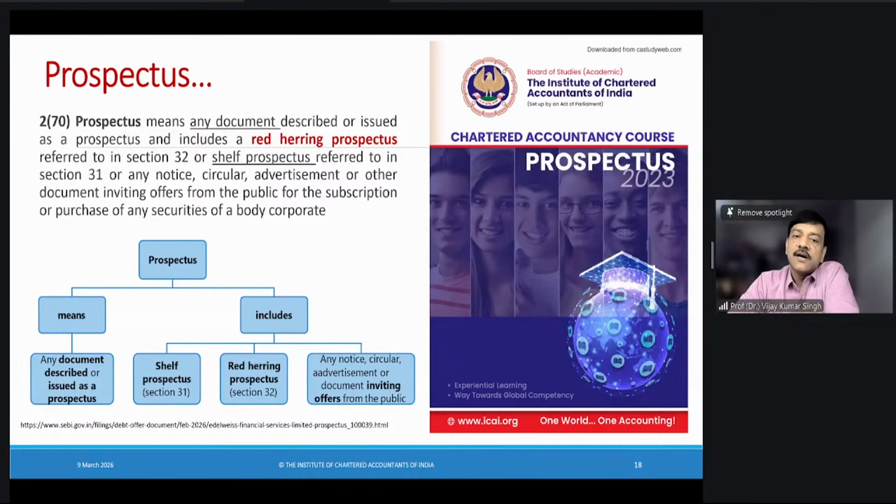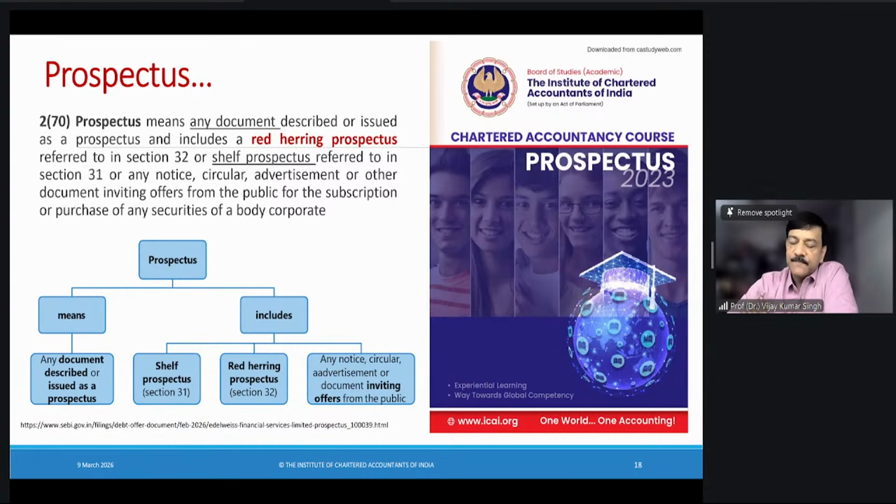Includes what? A red herring prospectus referred to in subsection 32. So we are going to see that in detail in section 32. Or shelf prospectus referred to in section 31. Or any notice, circular, advertisement, or other document inviting offers from the public for the subscription or purchase of any securities of a body corporate.